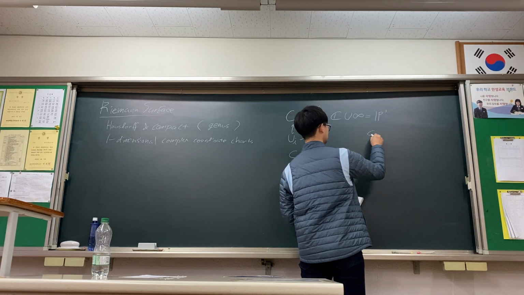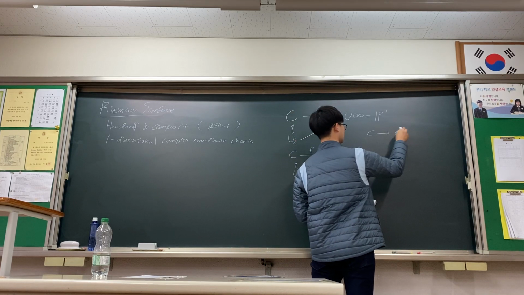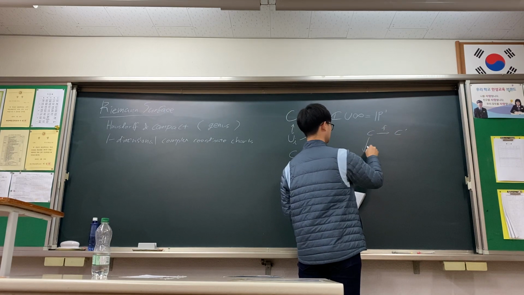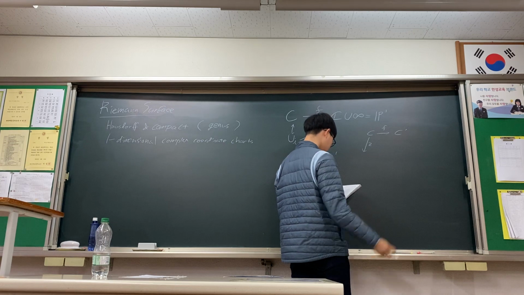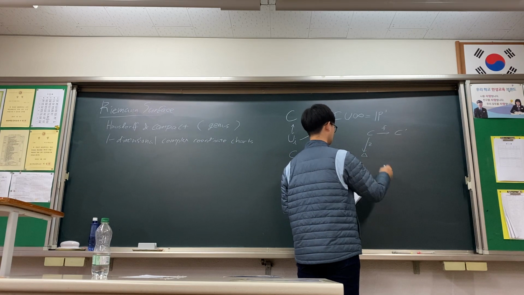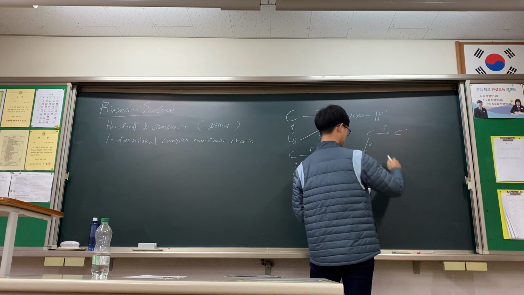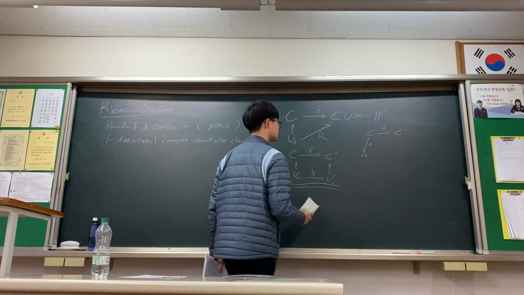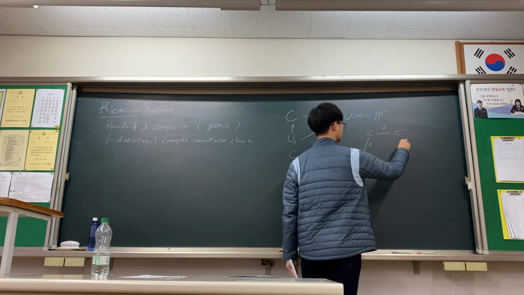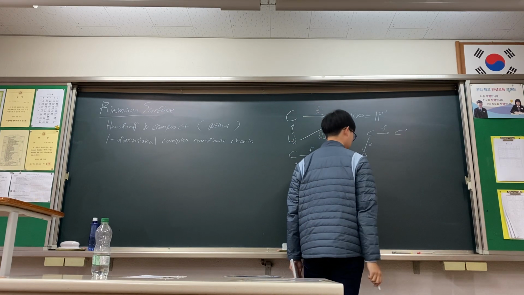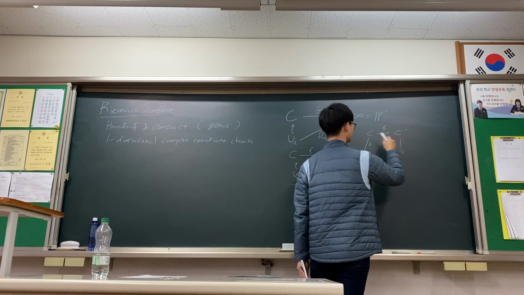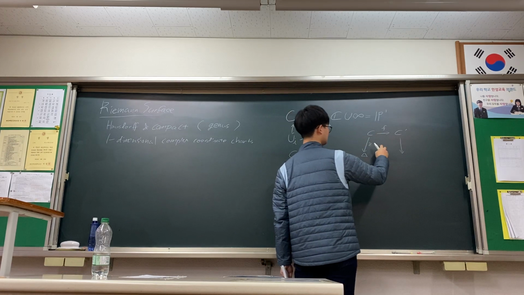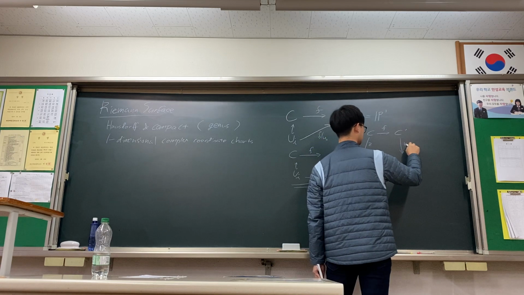Suppose you have a holomorphic map f from C to C'. On a small neighborhood, such that z is a coordinate chart and w is also a coordinate chart.